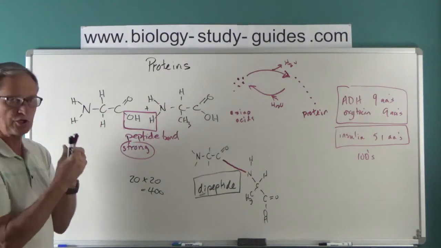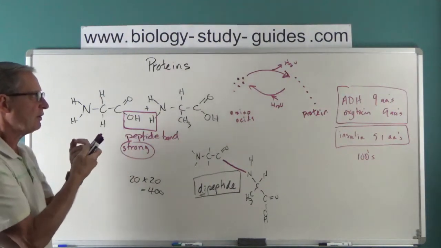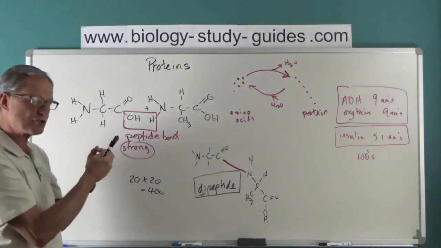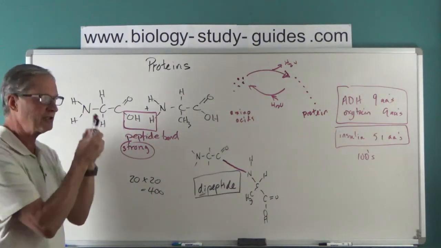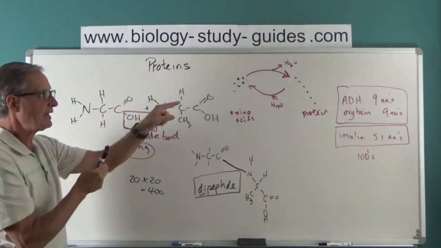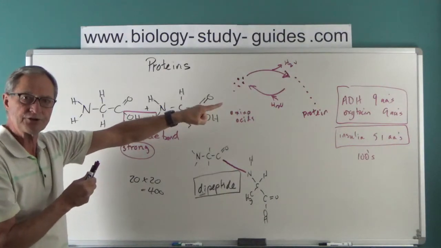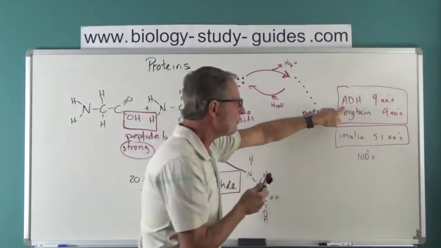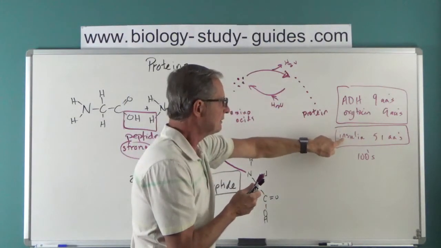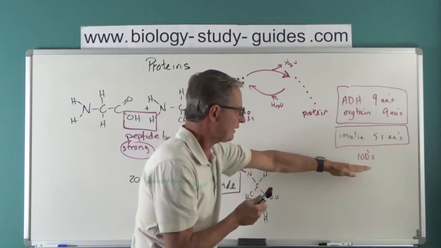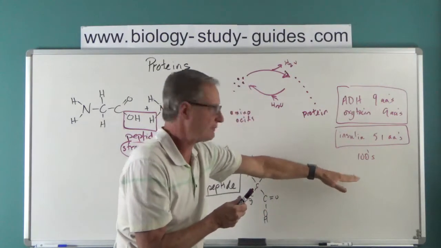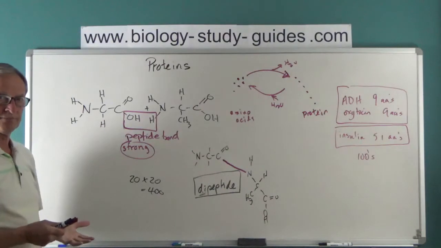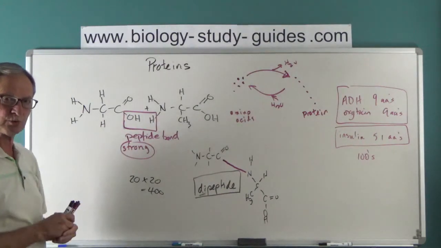And one of the things that's going to show up in a future video is that if it gets screwed up, if you get the wrong amino acid in the wrong place at the wrong time, you get a protein that doesn't function. It won't work. And if it's a hormone that won't work, or insulin won't work, or an enzyme, as I had down here when I was talking about enzymes, doesn't work, there's some metabolic disorder. And that's, like I say, another whole topic.